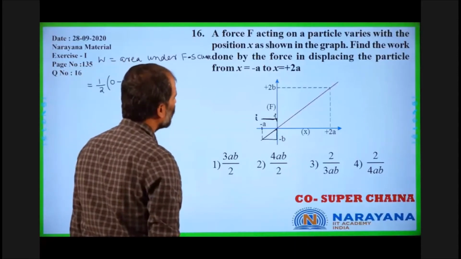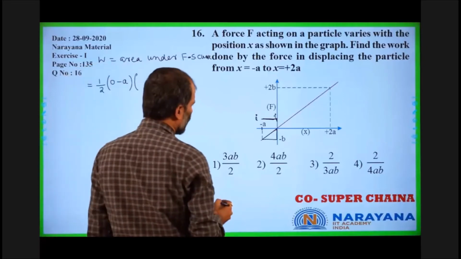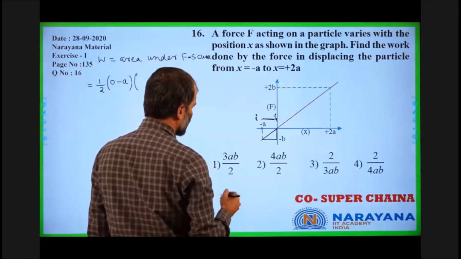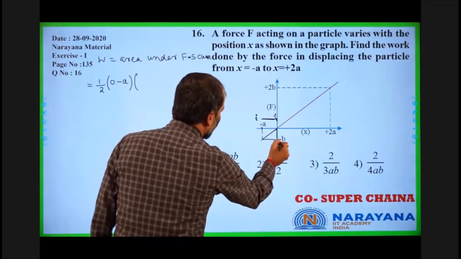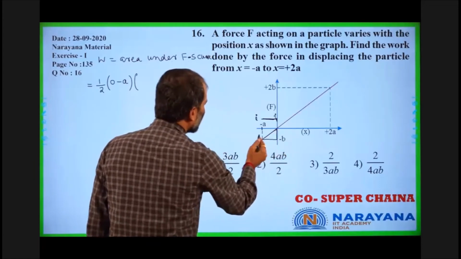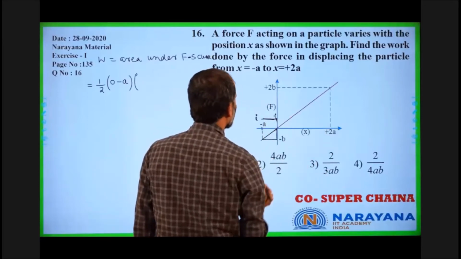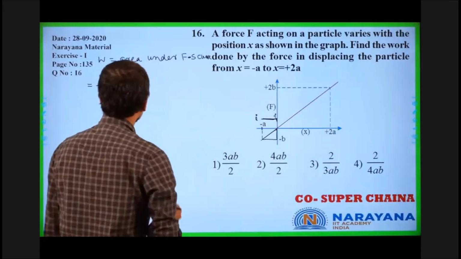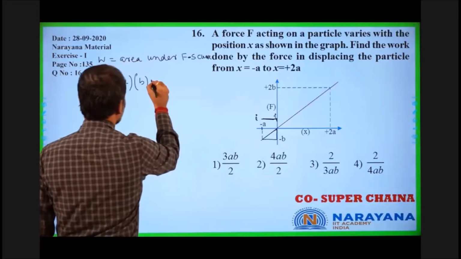Half base into height, where the height is minus b. Area under force and displacement. In this, the next one would become b over here.